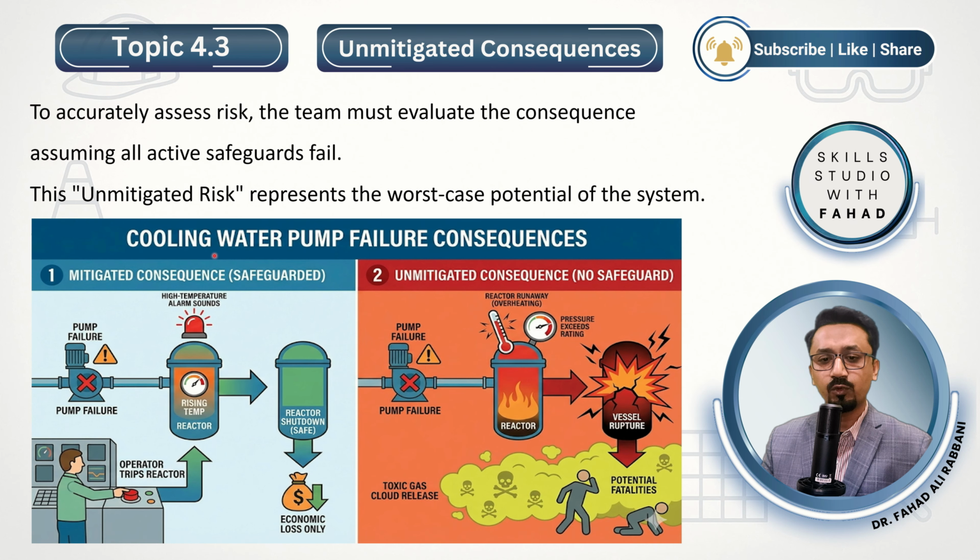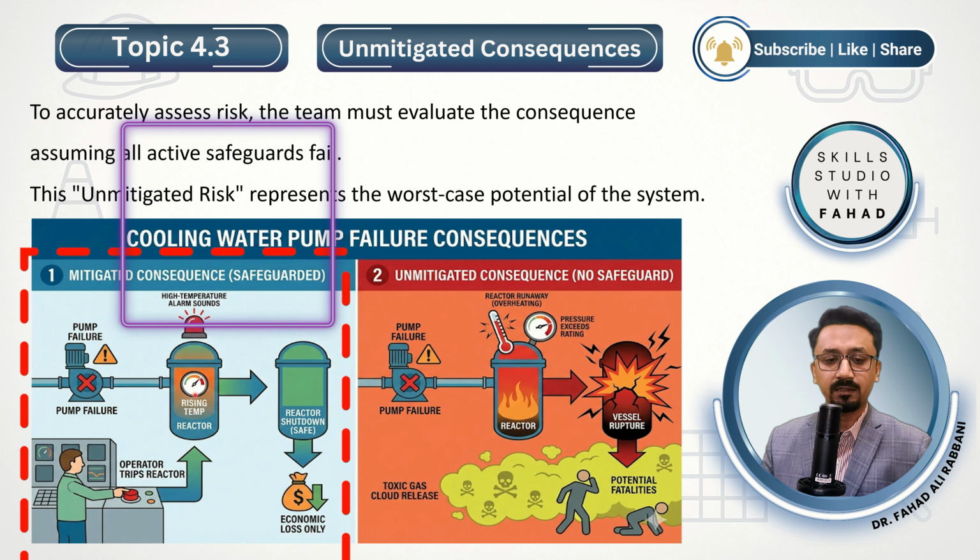Let's take an example of cooling water pump failure consequence. There are two examples where a pump supplying cooling water, used to cool down the reactor, has failed. In the first case, if the pump fails, the temperature and pressure of the reactor will rise, the high temperature alarm sounds and the operator trips the reactor.